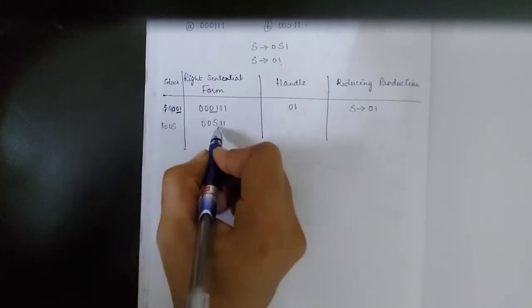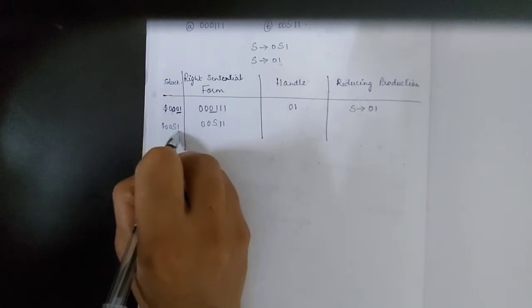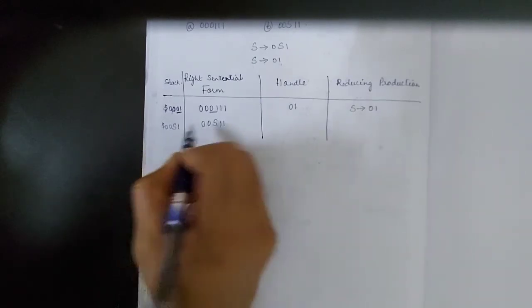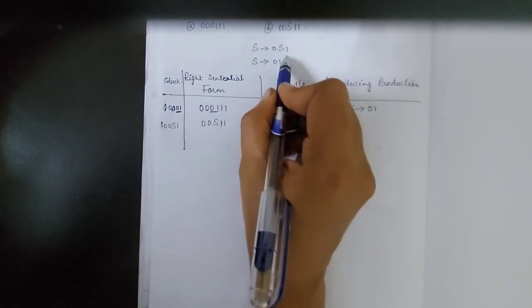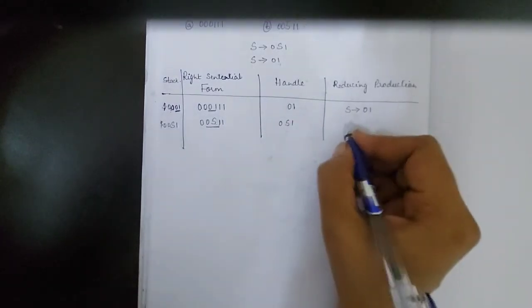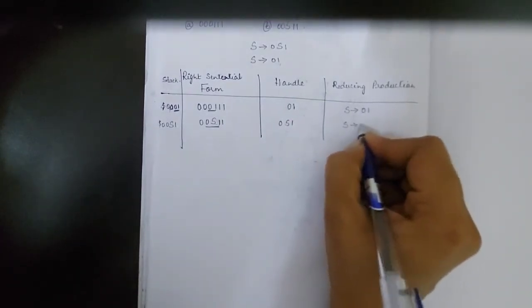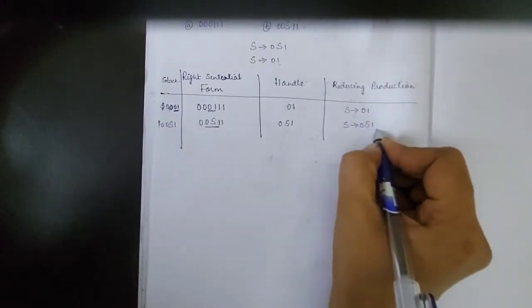Now we shift the 1 to the stack. Now if you check, 0S1 is there in the body of this production, so we can reduce it further. So now 0S1 forms the handle, and the reducing production we have used is S produces 0S1.